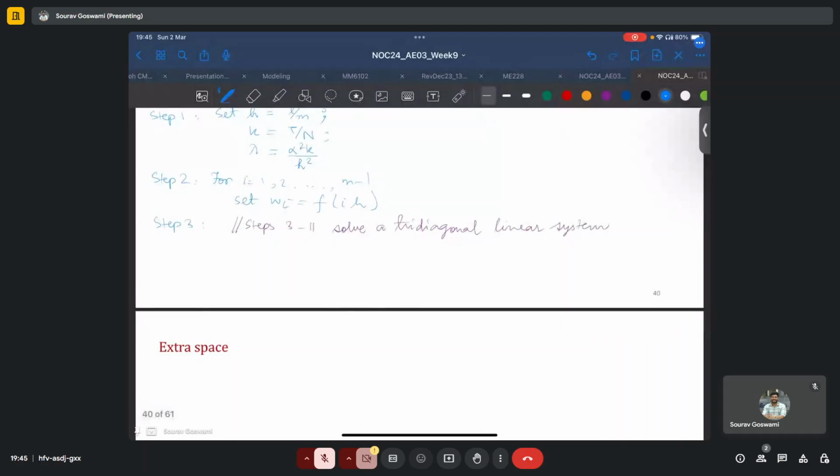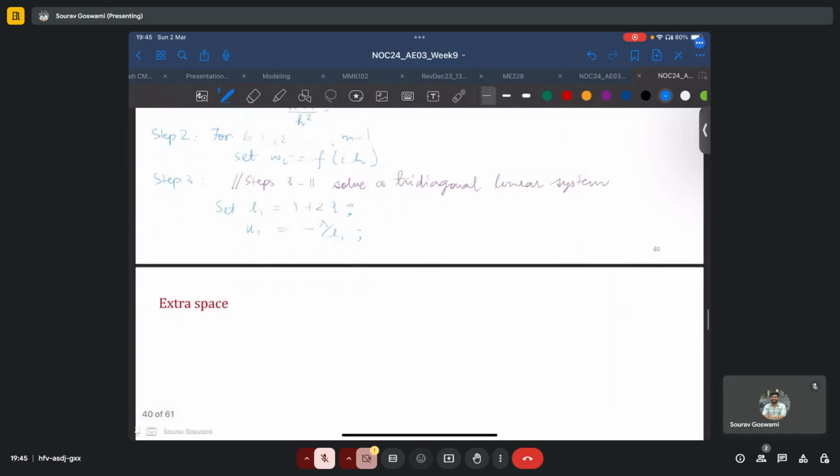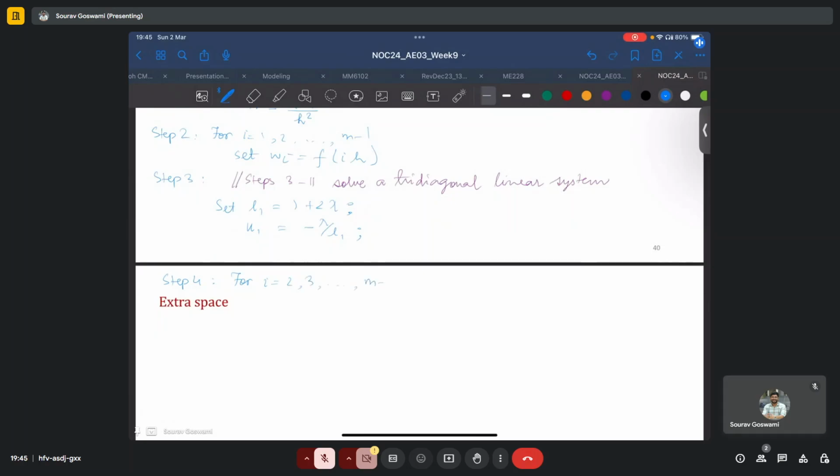This is the quantity L_1 equals 1 plus 2 lambda, U_1 equals minus lambda by L_1, and the fourth step, for i equals 2, 3 to m − 2, we set again L_i equals 1 plus 2 lambda plus lambda U_(i−1), and U_i is equal to minus lambda by L_i.